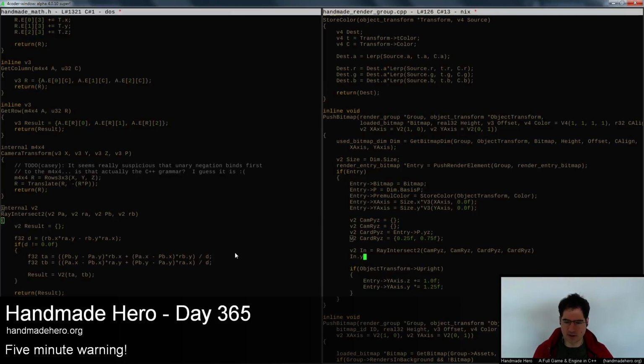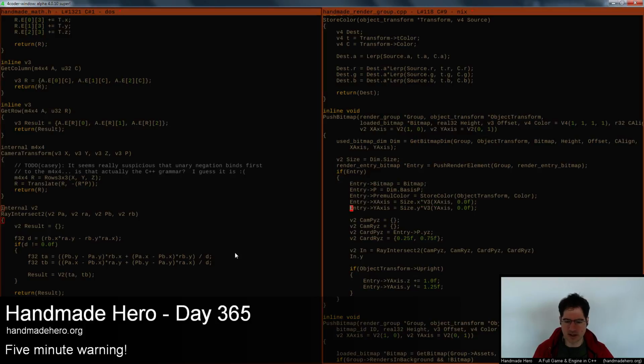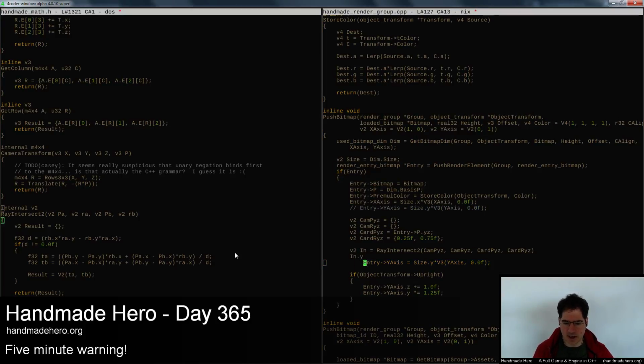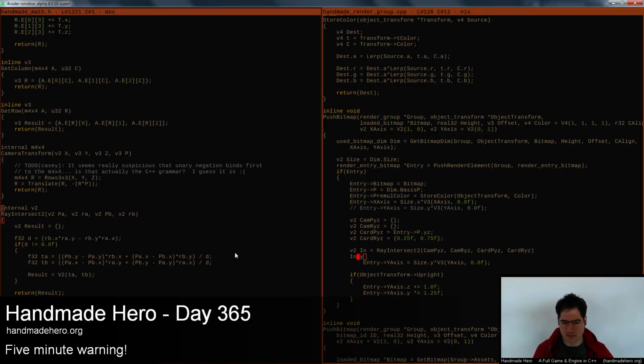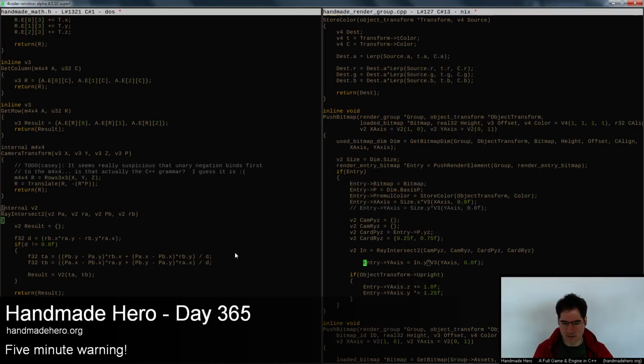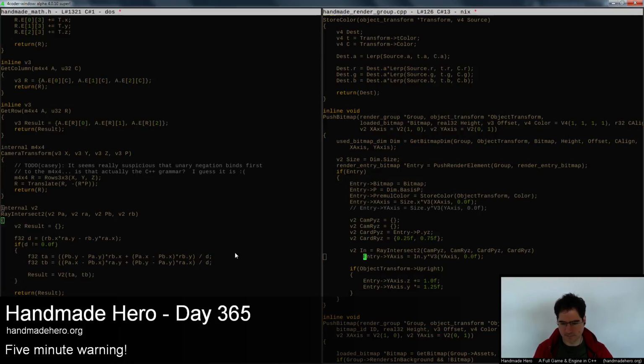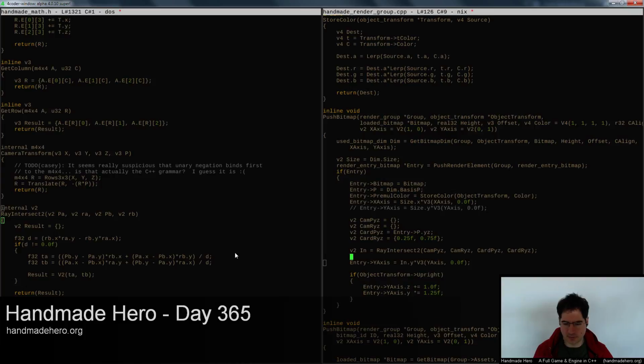And we've got our y-axis computation, which now is going to be down here. And that's going to be this. Unfortunately, we need to sort of put a to-do in here.